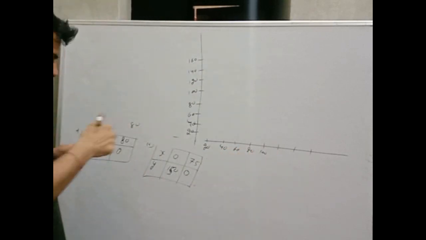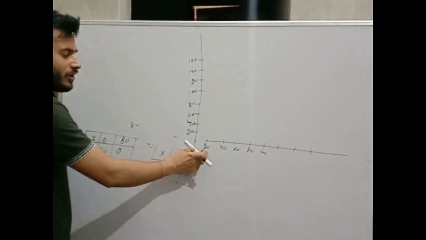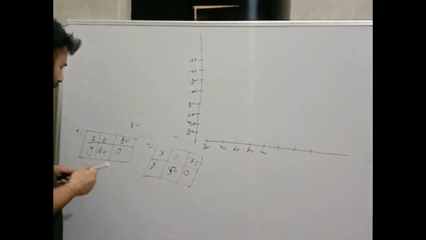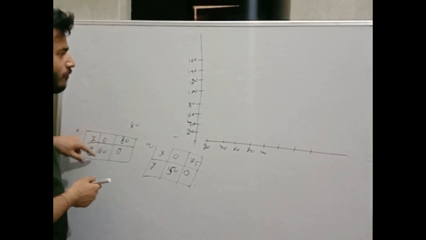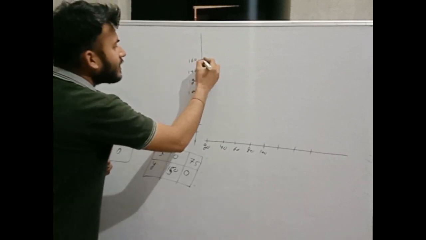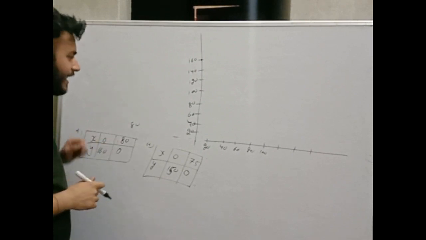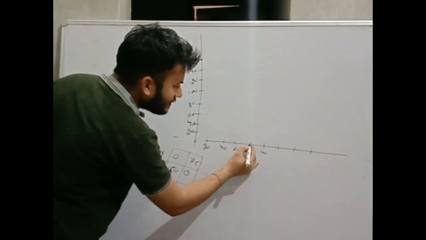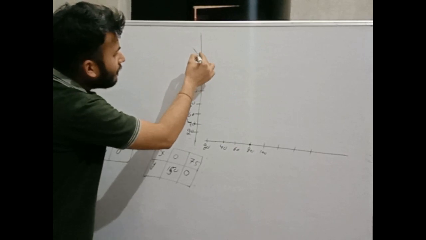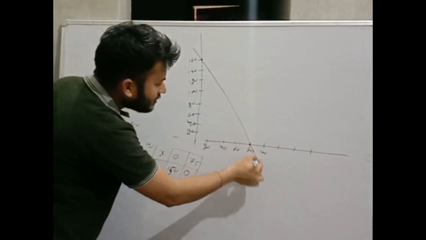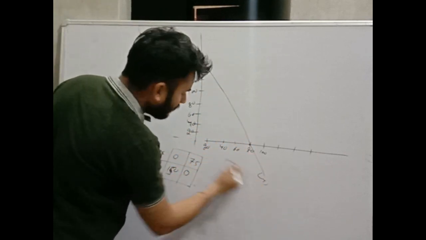Now students, to plot the graph, I am taking a 20 units gap here. For x equals 0, y is 160. This is here, x 0, y 160, and x 80, y 0. This is here. Join these two points. This is your first equation.